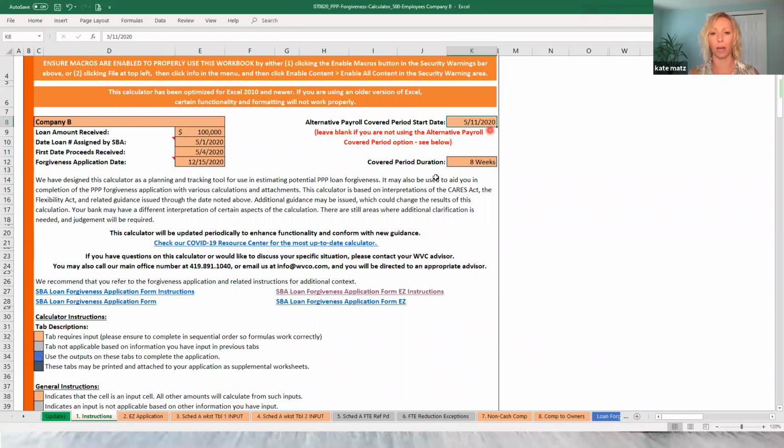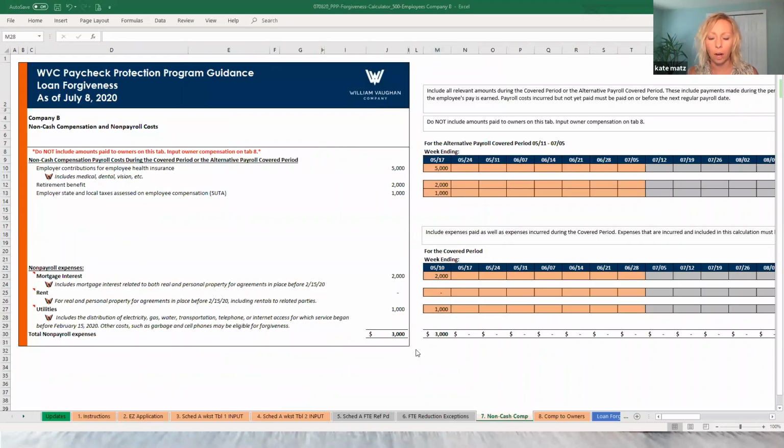So when you do that, you actually end up with 2 different covered periods. And you can see that over here on tab 7. This top section is referring to payroll related costs. So it is using this alternative payroll covered period starting on 5/11 and going through 7/5. And this bottom section is for non-payroll costs, and that defaults back to the standard covered period that starts on 5/10 and goes through 6/28.